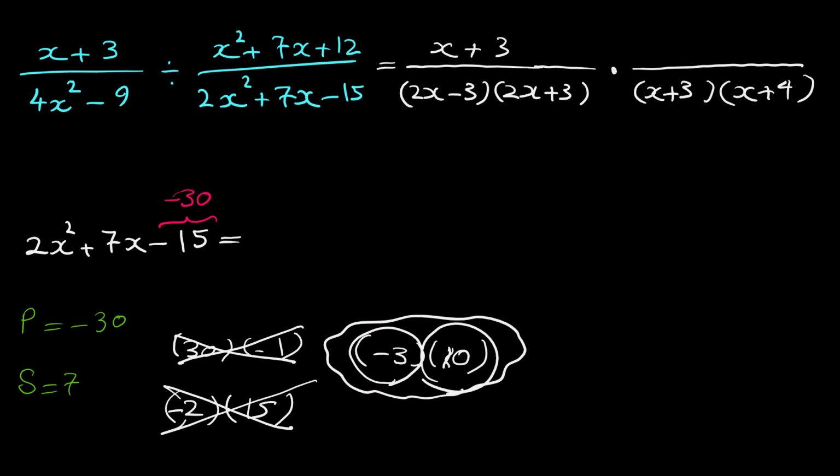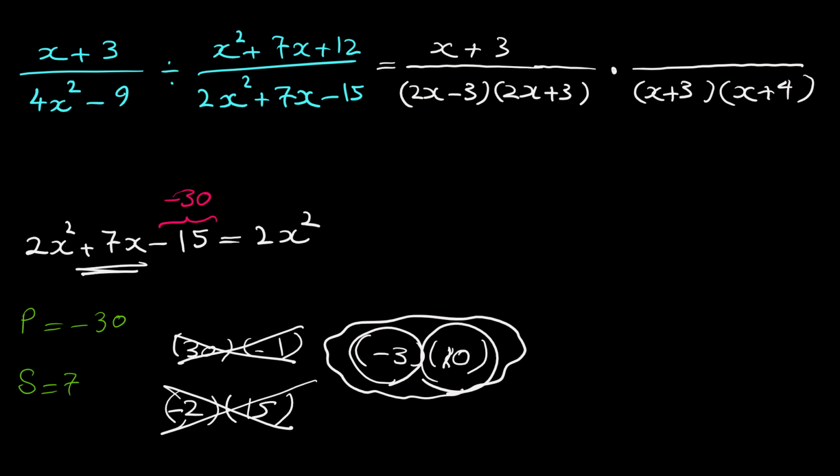Negative 3 and 10. But the way that we want to use these numbers is a little different than before. So we are not going to write two brackets here with x and negative 3, 10. No. We start writing the expression again, 2x^2. Now we split 7x in this form.